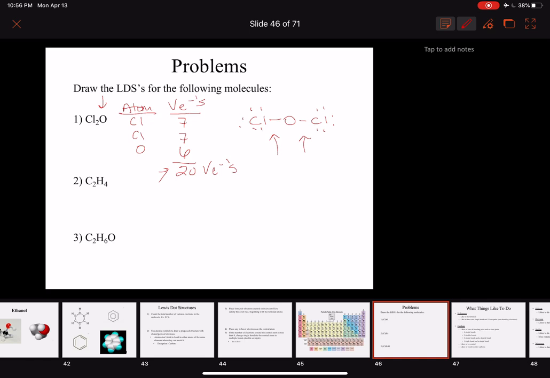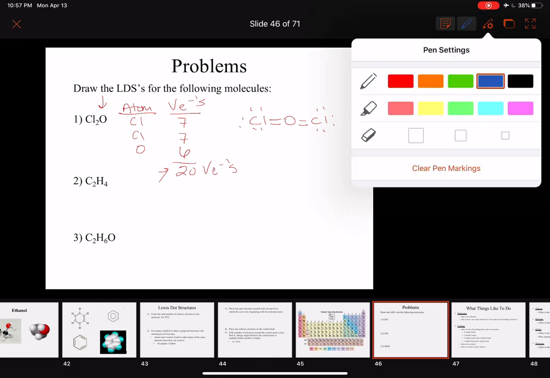So if we put those 4 there and there, and we said, okay, we've used all 20 valence electrons, and we left the structure like that, it would be wrong. And the reason is because we're not following the octet rule.